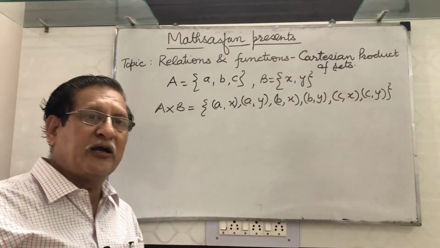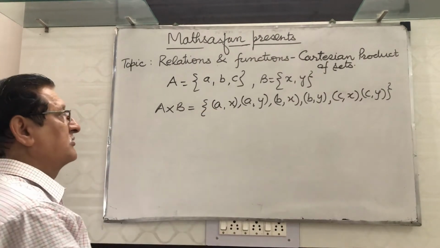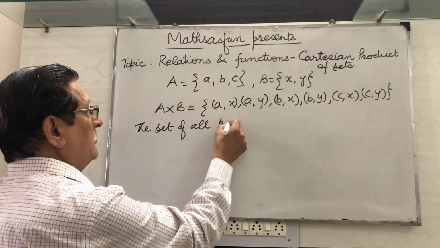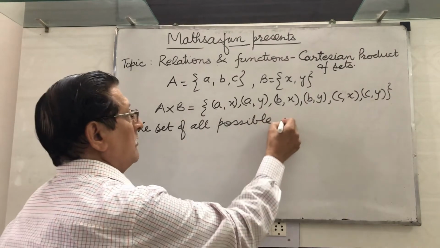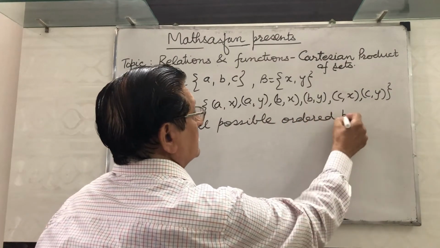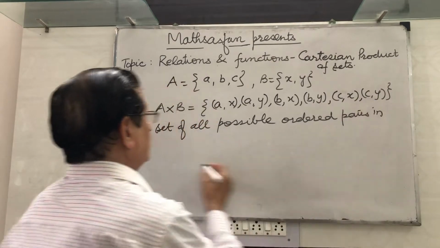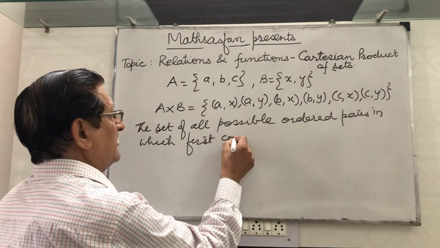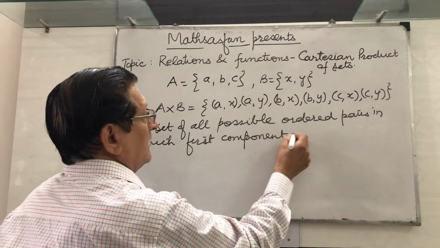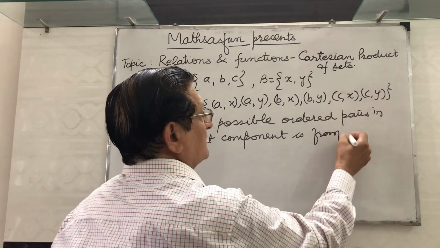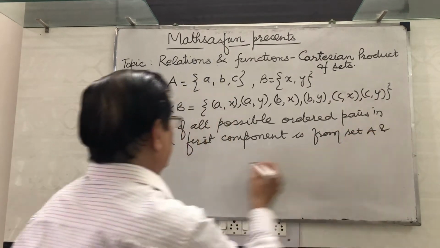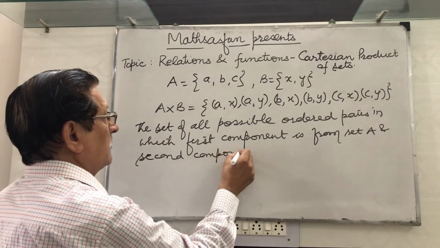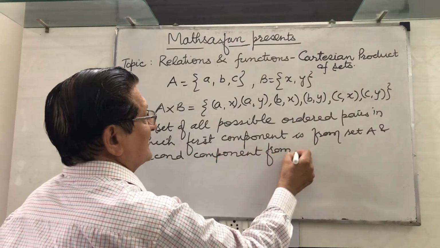It means we can define Cartesian product of sets as the set of all possible ordered pairs in which the first component is from set A and the second component from set B.